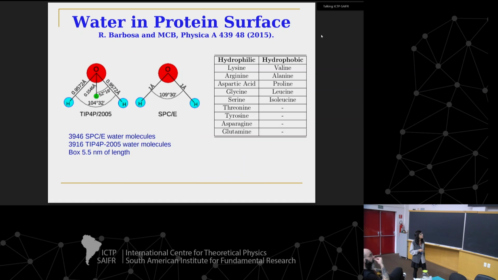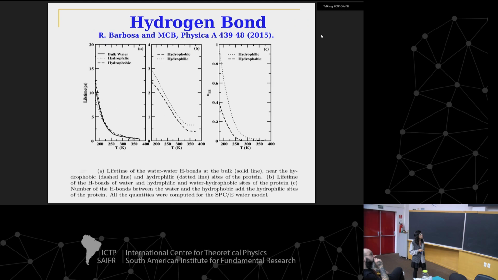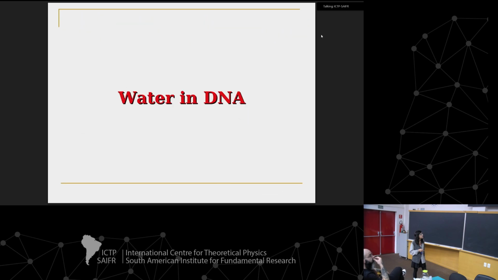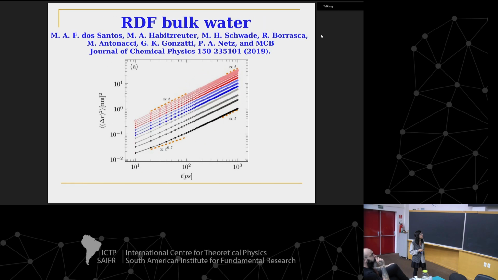That's why instead of defining diffusion here, we just plot the mean square displacement, and we show that at the higher temperatures, we go as Fickian, but at lower temperatures, you have a whole region in which you have a subdiffusive behavior for the minor groove.